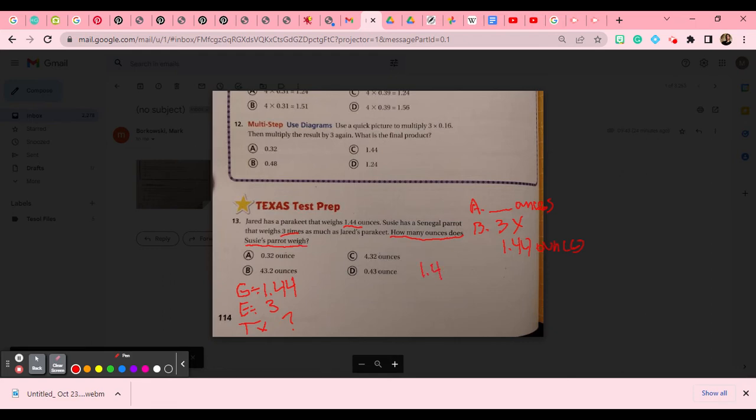So we have 1 and 44 hundredths times 3. Again, this one's pretty straightforward. It tells us 3 times. Now here's what I want you to do. Here we have our decimal. We don't really consider our decimal while we multiply, but we do need to understand that there are 2 numbers that come past the decimal.